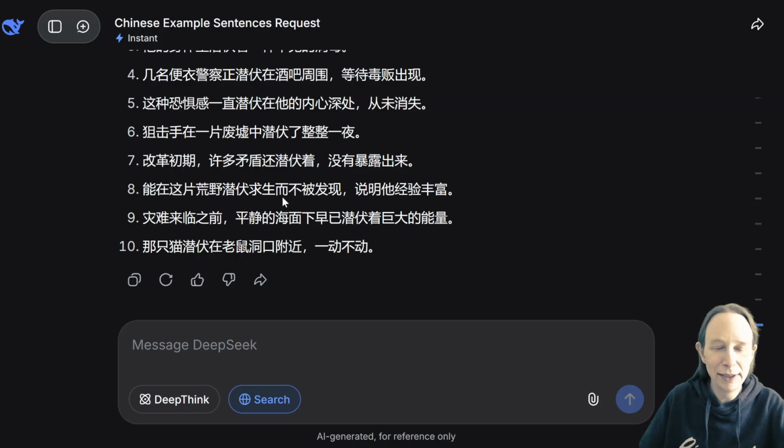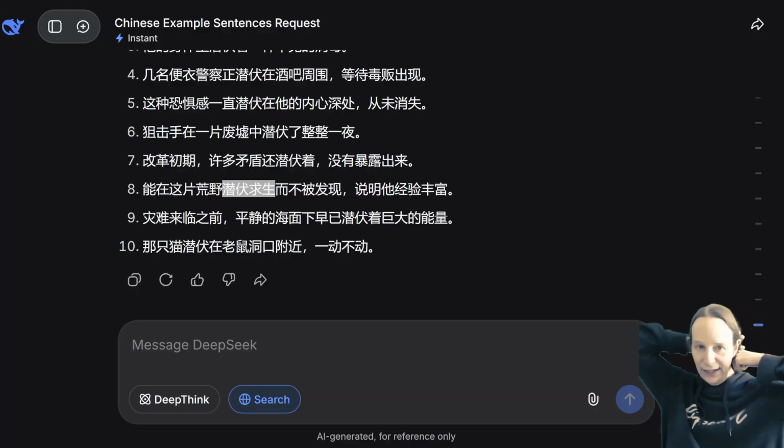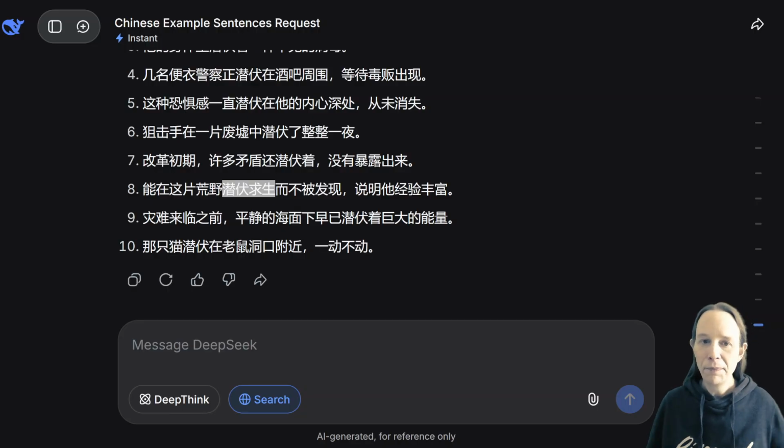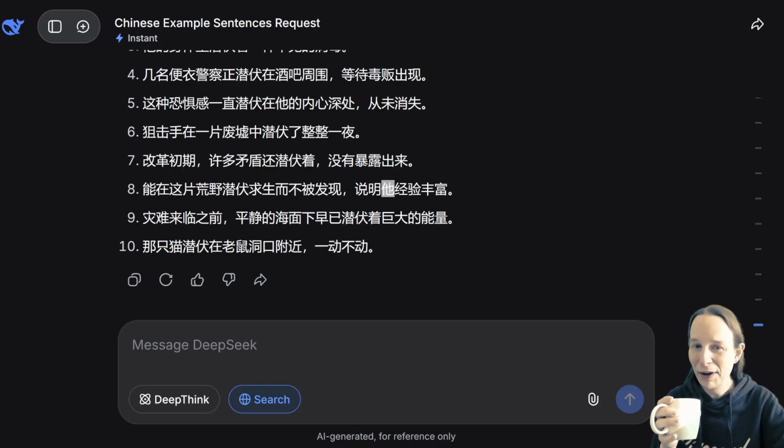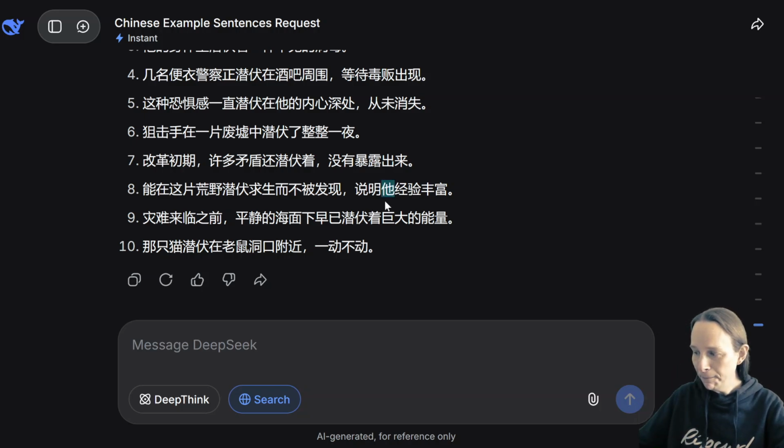Left them concealed. 在这片荒野潜伏求生而不被发现，说明他经验丰富。So he's able to conceal himself in the wild and live without being discovered, and that indicates he has plentiful experience. Yeah, I wouldn't survive in the wild.